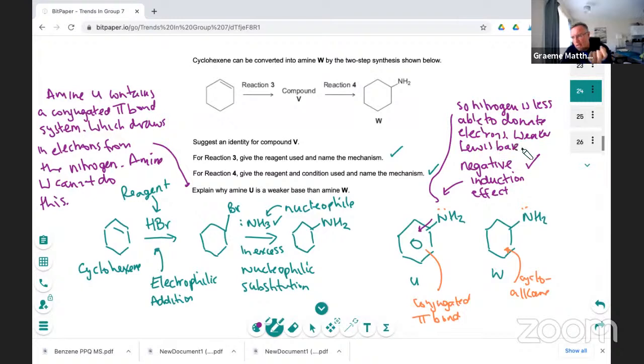What I'm getting at is this: you need to state the facts, make the comparison, and then you need to explain what you see and put in some key buzzwords like, nitrogen is less able to donate electrons. Again, so what? Therefore, it's a weaker Lewis base because a Lewis base is something which can donate electrons.